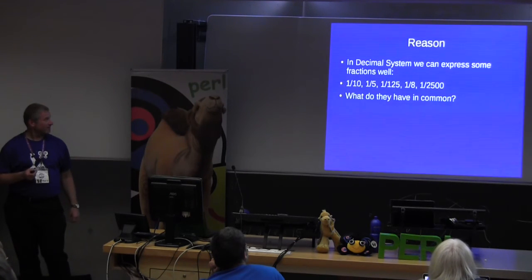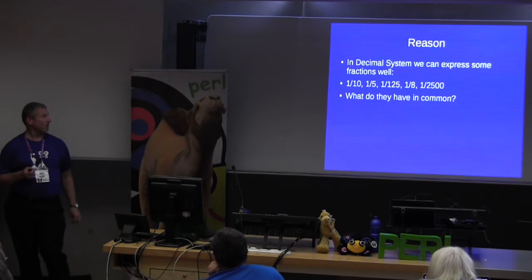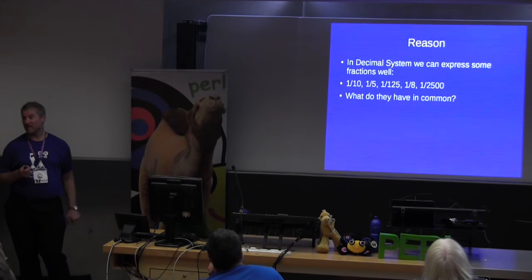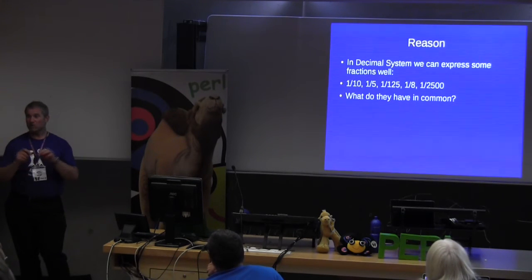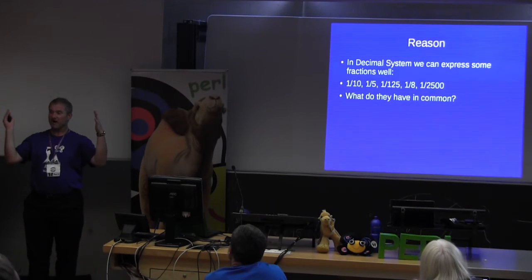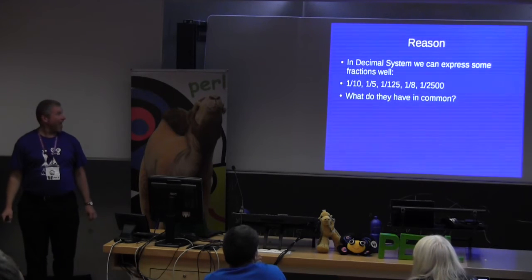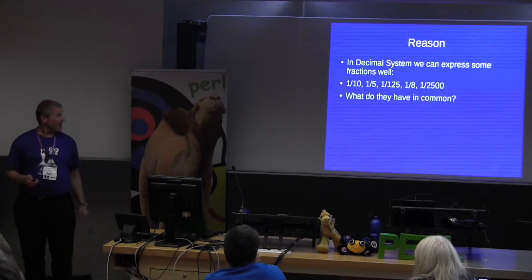And why is that? In the decimal system, we can express certain fractions very well, like 1/5, 1/10, 1/125, whatever. If the denominator is some product of 2's and 5's, then it goes well because we just take a power of 10 that is big enough, and it's divisible by that, and then it works out. That's what they have in common.